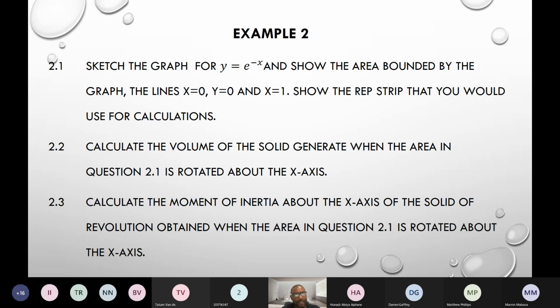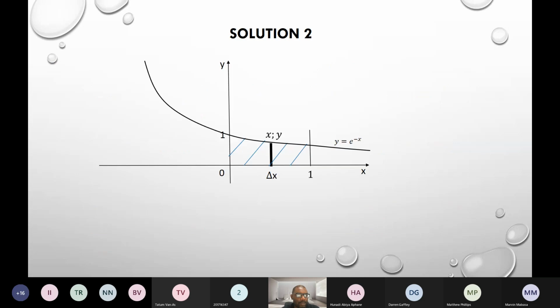We looked at example 2. Example 2 had an exponential graph. We're supposed to calculate the volume and also the moment of inertia. As I've told you many times, it's in 3 parts. The first thing we did was sketch the graph. I emphasize that you need to know how to sketch graphs.